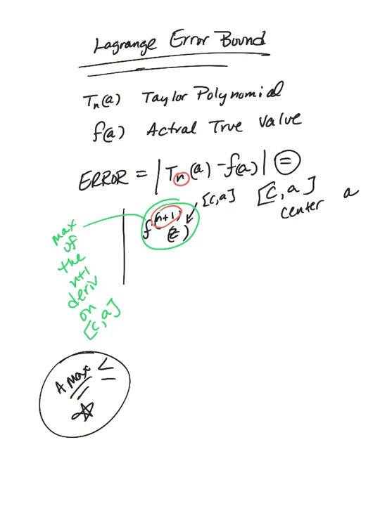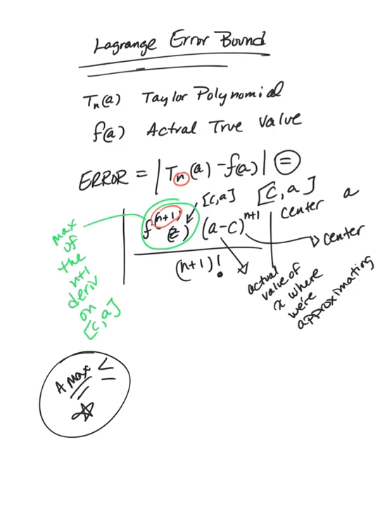So anyway, you get the max of the derivative, or you get a max. Then you subtract where you're estimating minus your center, and you raise that to the power n plus 1. So if that's 6, you raise it to 6, over n plus 1 factorial. That is the formula for Lagrange error bound.